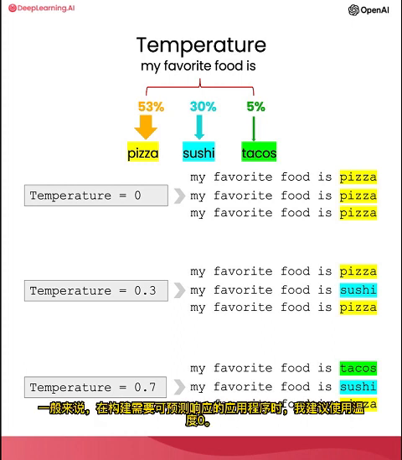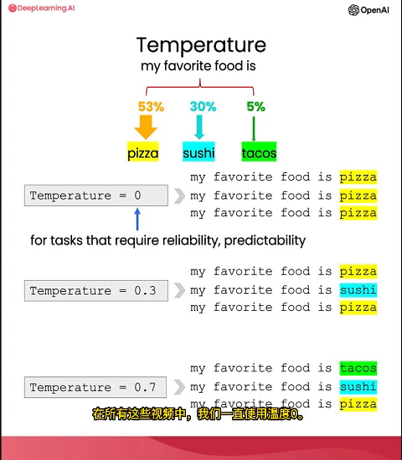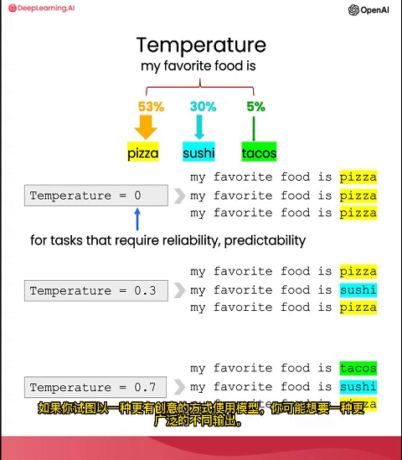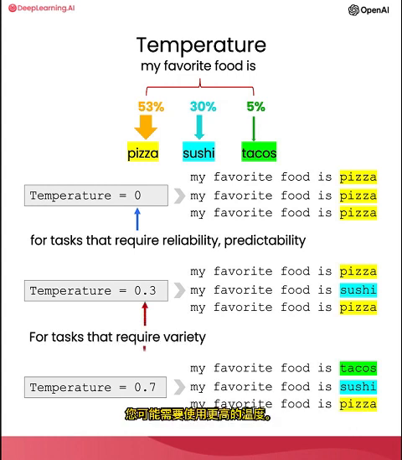In general, when building applications where you want a predictable response, I would recommend using temperature 0. Throughout all of these videos, we've been using temperature 0. And I think that if you're trying to build a system that is reliable and predictable, you should go with this. If you're trying to use the model in a more creative way where you might want a wider variety of different outputs, you might want to use a higher temperature.